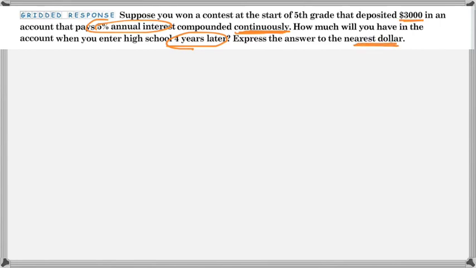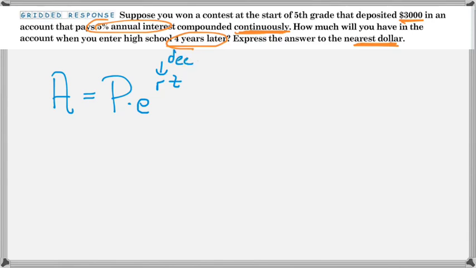And so for these problems, we are going to have a new equation. I call this my PERT equation. The amount you have will be your principal times e raised to the rate times time. This needs to be in decimal form.